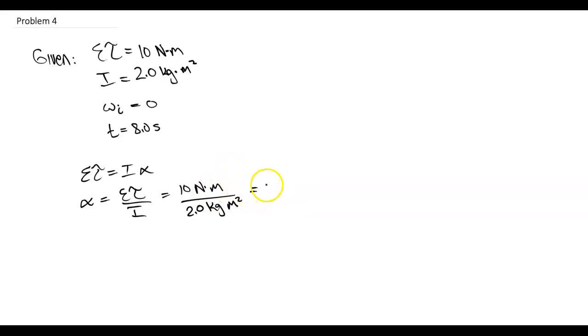Remember what a Newton is: a kilogram meter per second squared. So this gives us per second squared, and it gives us 5.0 radians per second squared.